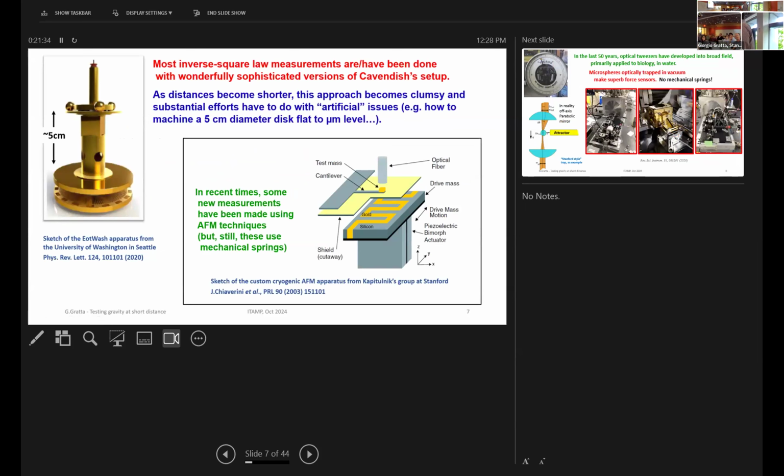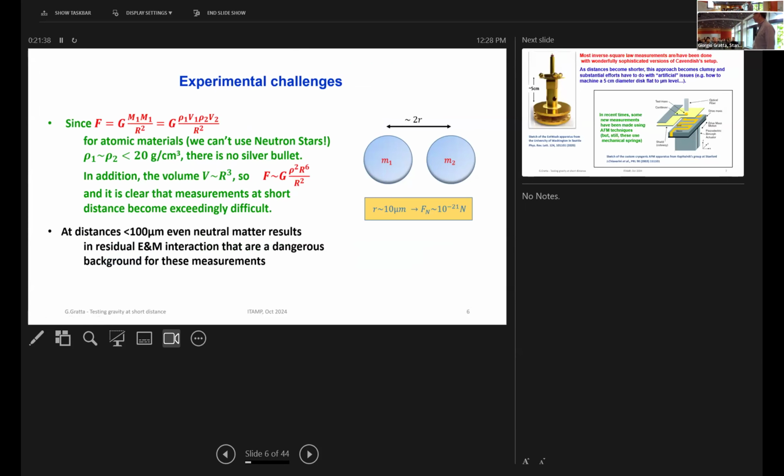So there are backgrounds. Huh? This is almost like a qual question, so I apologize, but the Coulomb force scales the same way. Yes. And as you pointed out, you made this argument about space and that electrons move around. So what is it that actually sets the length scale where this becomes a problem? Why isn't it a problem for Cavendish, but it is below this length scale?